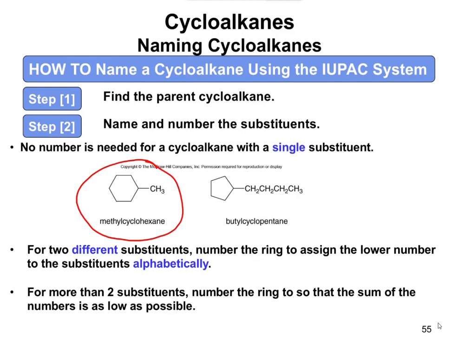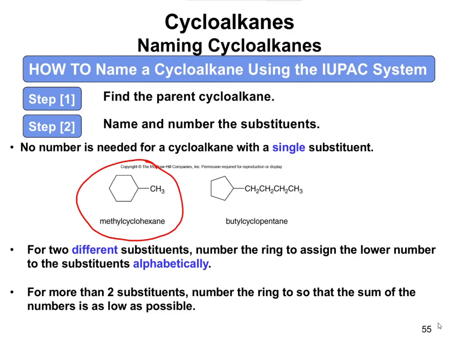We can't say it's on carbon 1, 2, 3, 4, 5, or 6, because you could imagine rotating that thing around and it can occupy any of those positions. So the short of this is whenever there's only a single substituent, we do not put a number and we just say methyl cyclohexane. If you have 2 substituents or more, then you do need to number them.